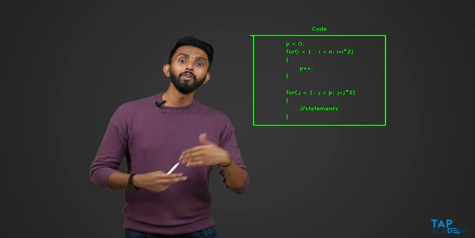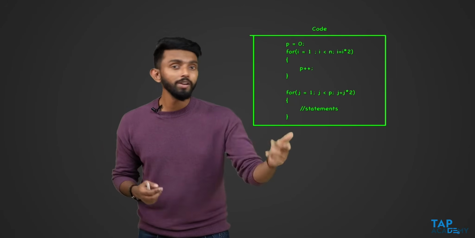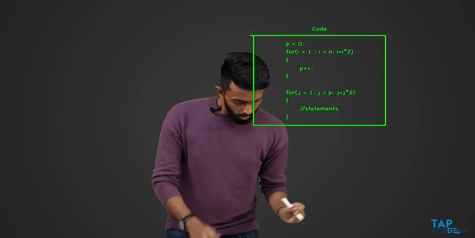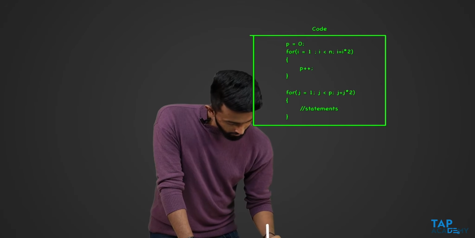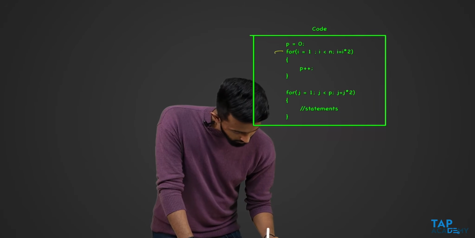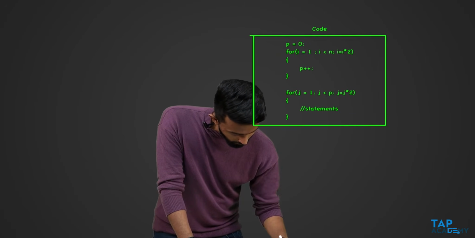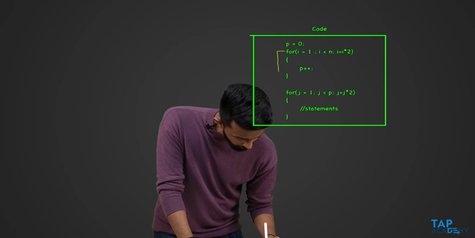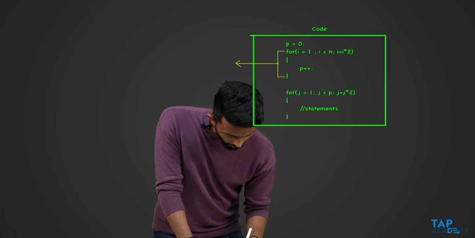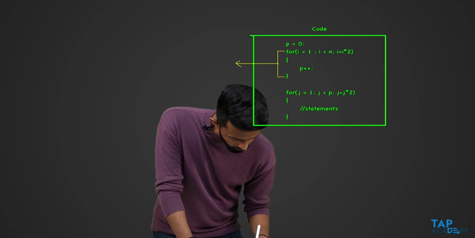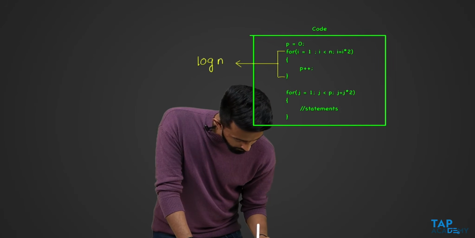We have seen that whenever you're doubling or cutting by half, it is always log. So, don't you think that I can easily represent the time complexity of this particular loop as log n?